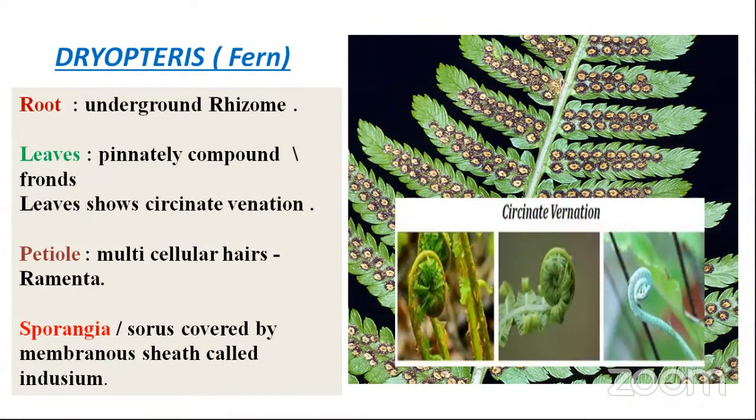In circinate venation, the leaves are initially coiled. This coiled type of venation is found in pteridophytes. The leaf is coiled in structure. If it is coiled or spiraled, it is called circinate venation.